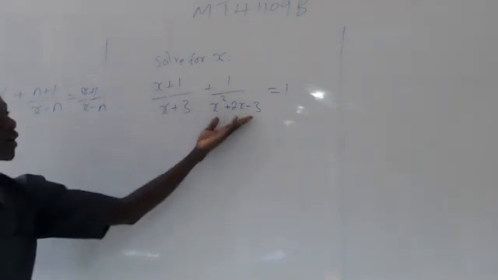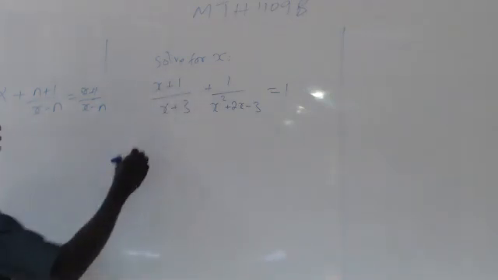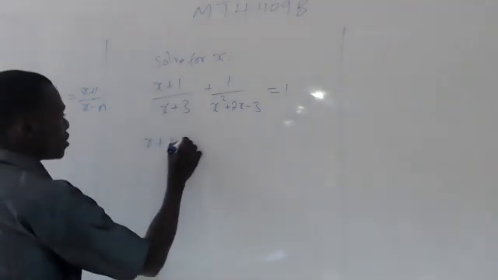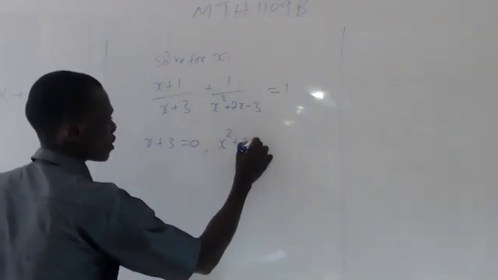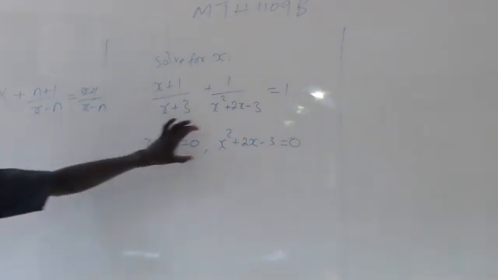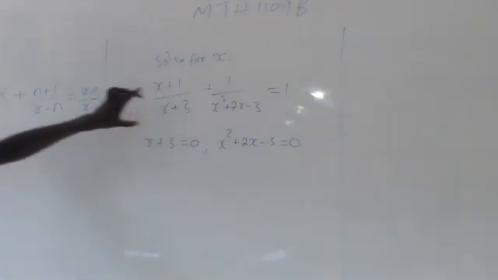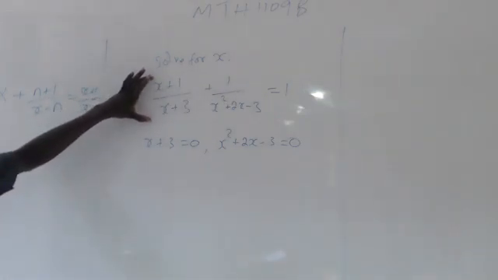You know that this expression will not make sense when x plus 3 is 0, at the same time when x squared plus 2x minus 3 is 0. Because when the denominators are 0, this expression does not make any mathematical sense. It doesn't have any mathematical meaning.